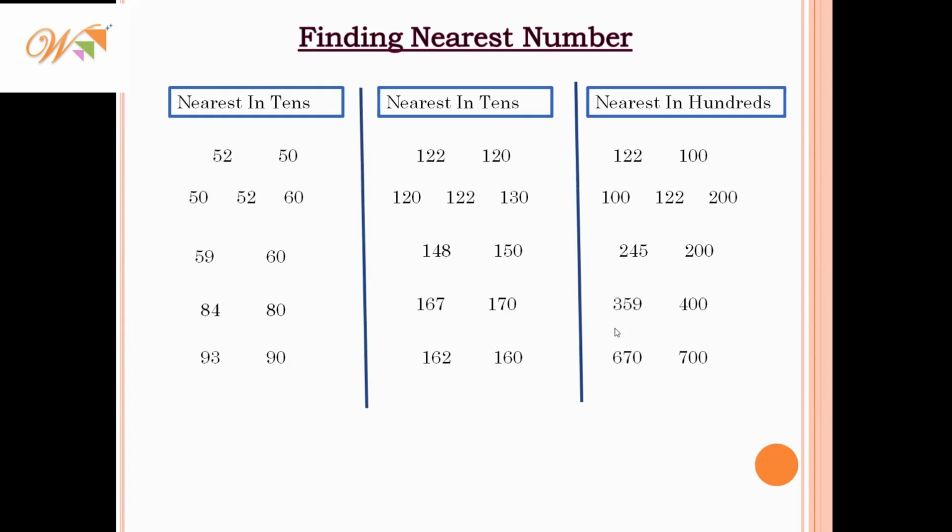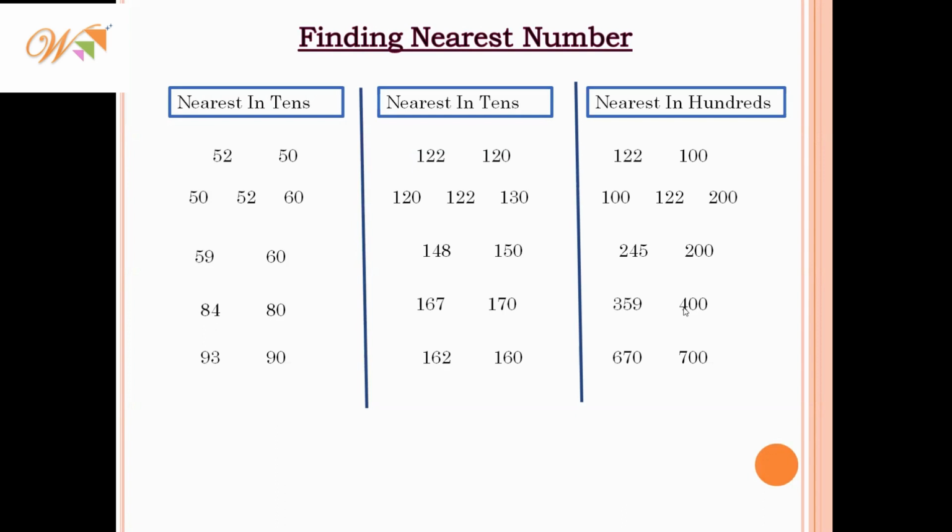If we take 359, 359 lies between 300 and 400, correct? But it is more near to 400. So the nearest number in hundreds for 359 will be 400.